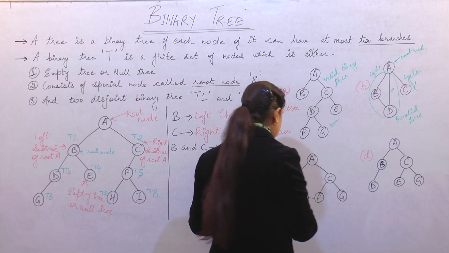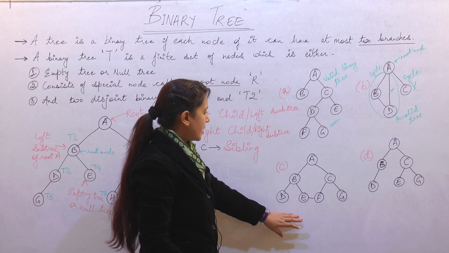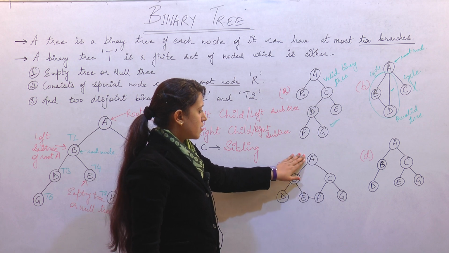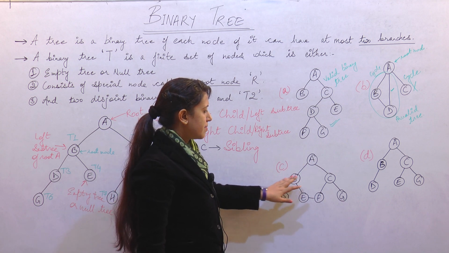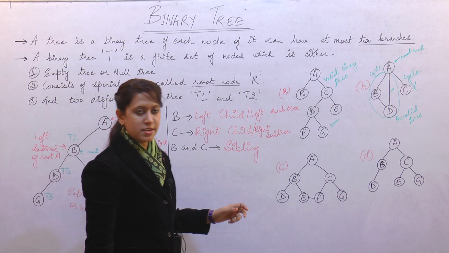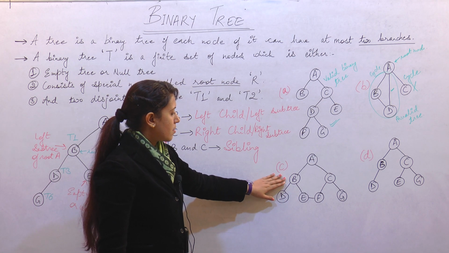Looking at the third example, here we are having A as the root node having two children B and C. Our property of having at most two branches gets fulfilled.